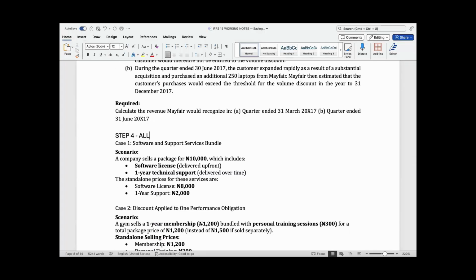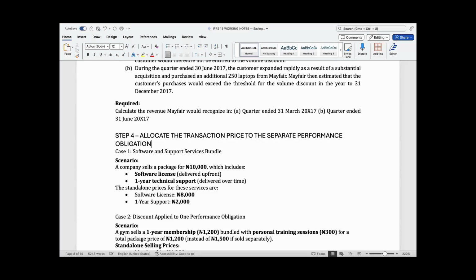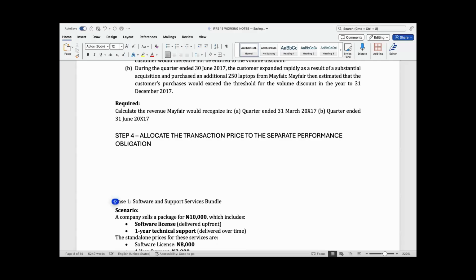That says allocate the transaction price to the separate performance obligations. So what are we saying in this step 4?